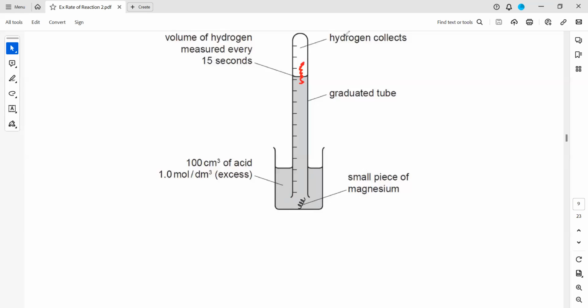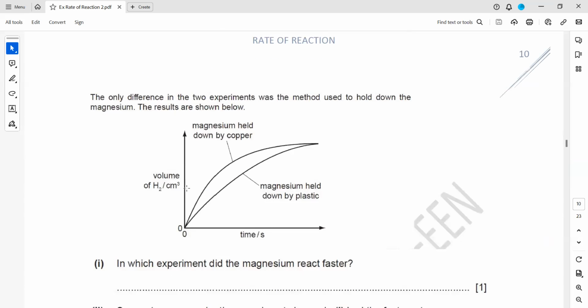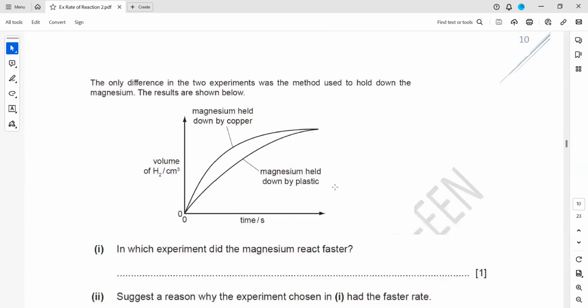So why do we want to keep this magnesium at the bottom? So that all the magnesium reacts at once, all together. Instead, some is reacting first and then the remaining part is reacting after it sinks. So we use either a copper or a plastic to hold this magnesium, and we plot these results for the hydrogen gas collected. When we hold with the plastic, the reaction was slower, but when we hold with the copper, the reaction is faster.